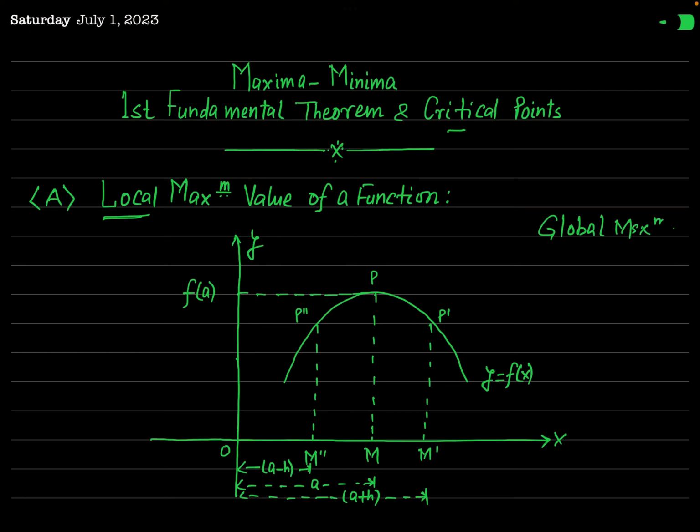When you say local, it means you have to compare the value of a function at a particular point with its values at close neighboring points of that point. It means the value of a function may be maximum at a particular point in comparison to its value at the close neighboring points, but it may not be an absolute maximum. Somewhere its value may be greater than that. So it is called local maximum.